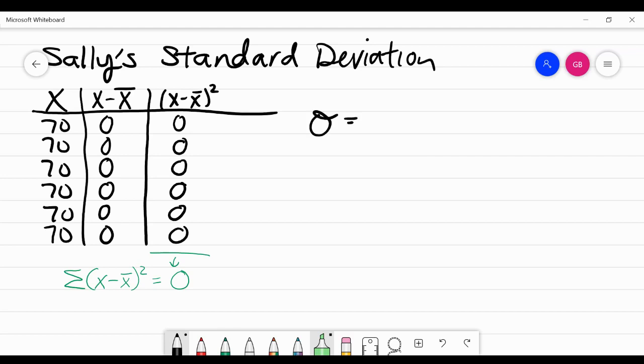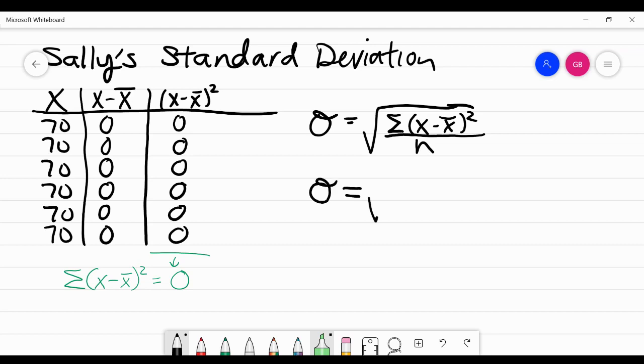So the standard deviation: the sum we just said is 0, and we have 6 numbers, but 0 divided by 6 is also 0, and the square root of 0 is 0. So I'm just showing you why the standard deviation is 0 if we calculate it the long way. And that's it for the examples.